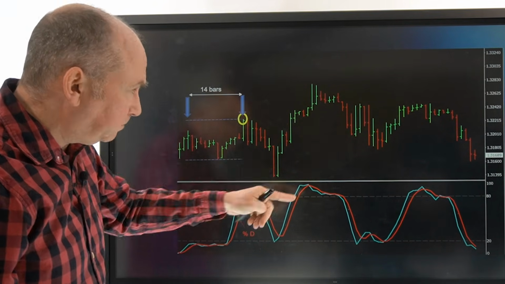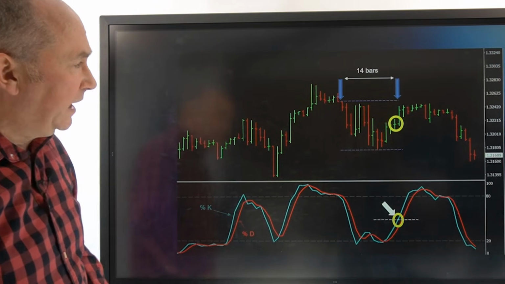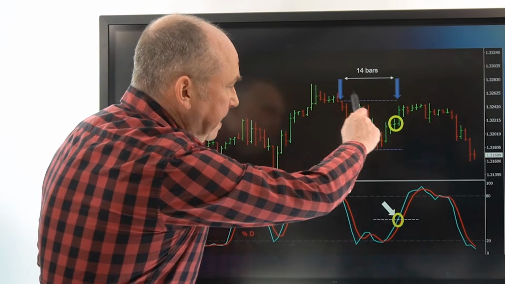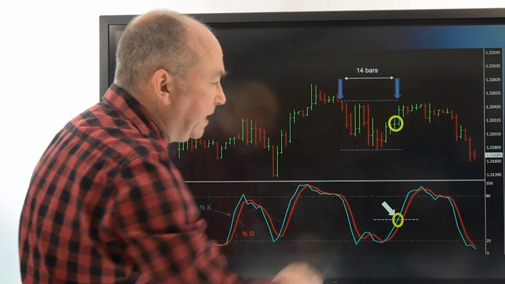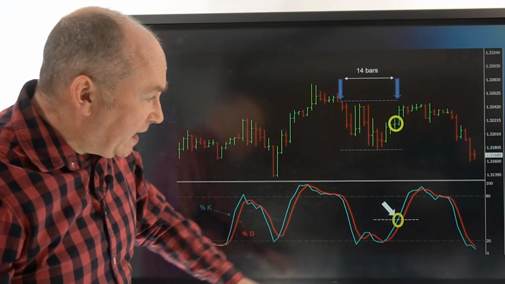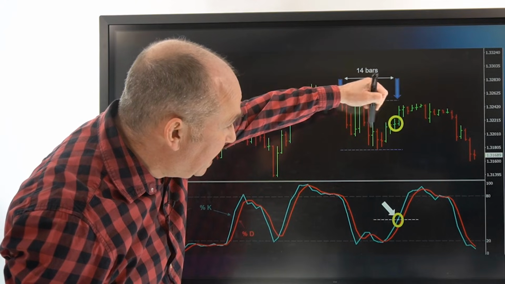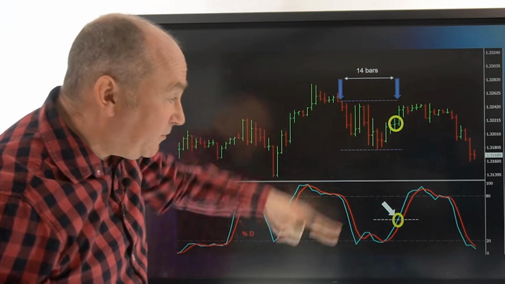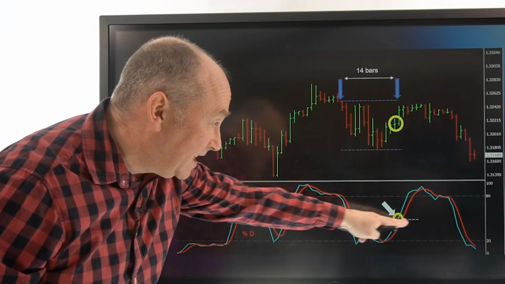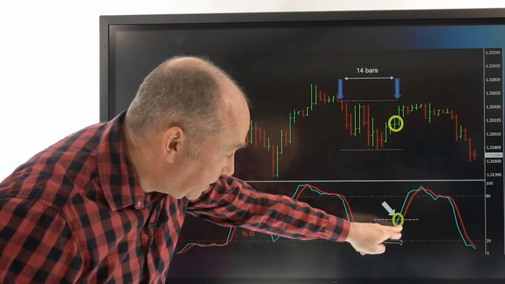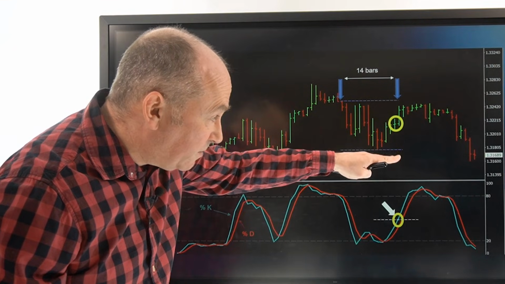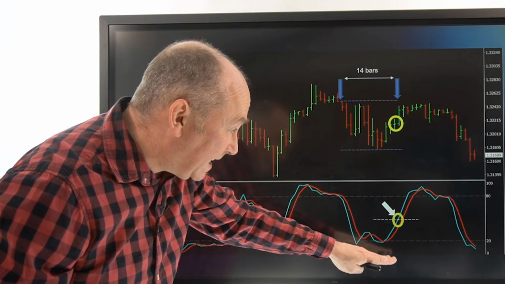then it rolls back. If you scroll further down the chart here, I've done another screen grab of a range here. So you've got a 14 bar range, there's 14 bars in this range, okay? And if you look here, price is basically in the middle of that range. And if you look at the stochastic indicator, the signal there with that yellow little circle is in the mid-range between 100 and 0.